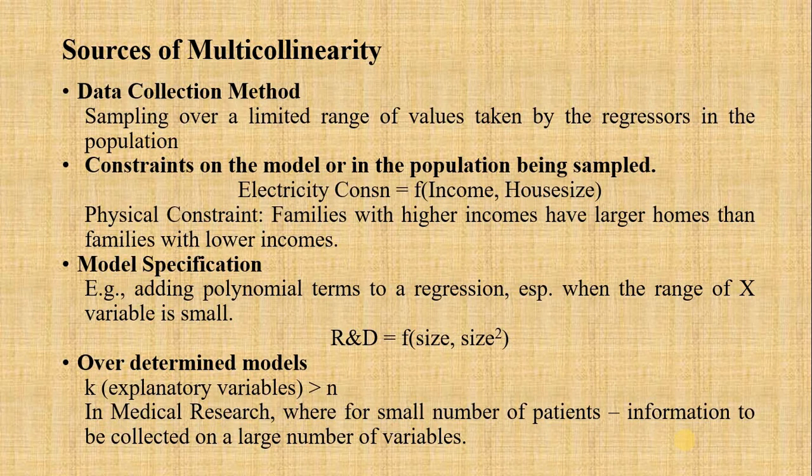There are four different reasons for multicollinearity. First one, the data collection method. It means that if we are taking sampling over a limited range of values taken by the regressors in the populations, if our sample size is small, then we can expect certain relationships in our independent variables.